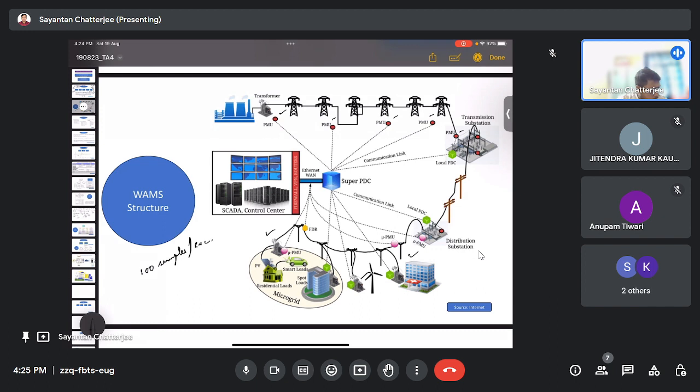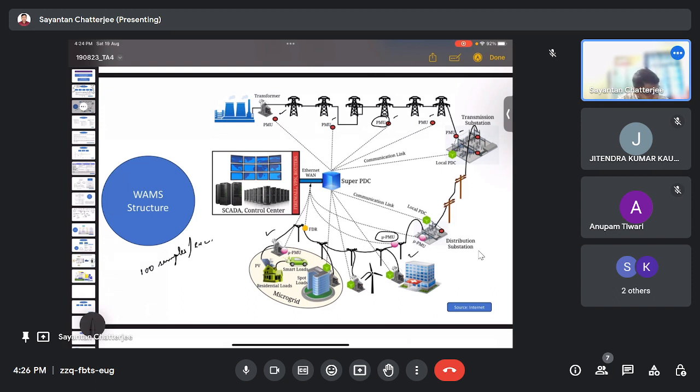So all these feeder terminal units, FTUs, mainly in the WAMS-based technique, we will have the micro PMUs and the PMUs, and they would be communicating to the PDCs, and the PDCs would be communicating to the super PDCs.